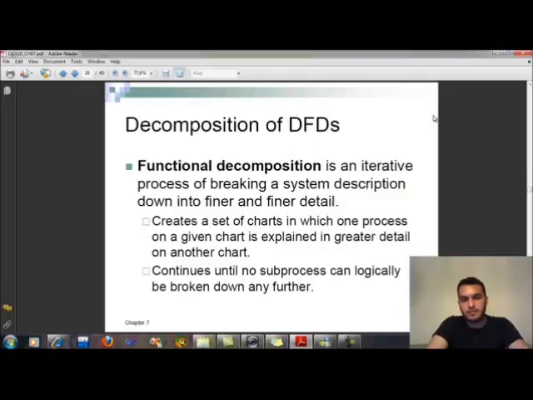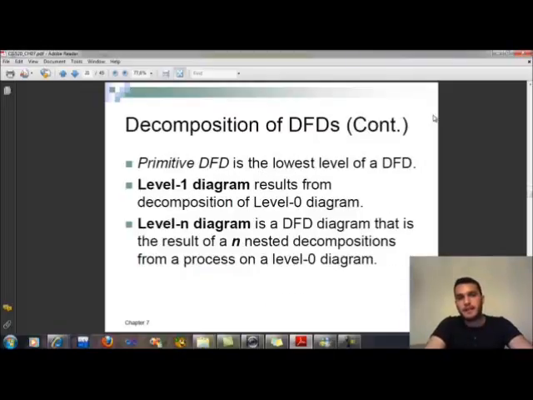Continues until no sub-process can logically be broken down any further. And primitive DFD is the lowest level of DFD.